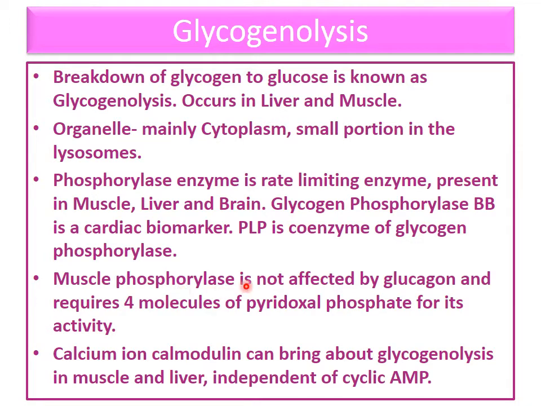Muscle phosphorylase is not affected by glucagon and requires 4 molecules of pyridoxal phosphate for its activity. Calcium ion, calmodulin can bring about glycogenolysis in muscle and liver, and it is independent of cyclic AMP.